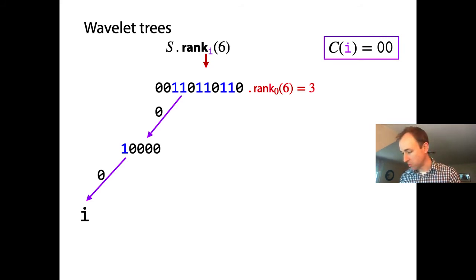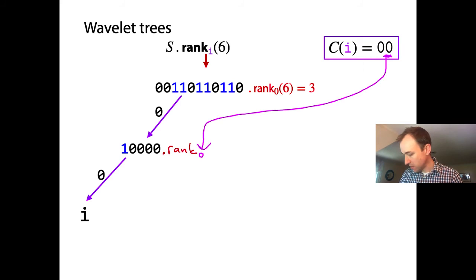So now we're going to descend into this child, this internal node, and we're going to ask another rank question. Rank subscript, again, it'll be 0. And again, that's because we now are taking the next bit over in our code and inserting that down here.